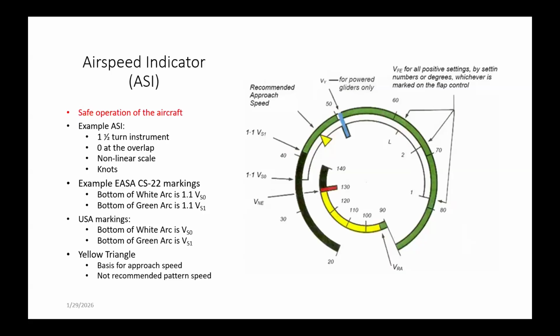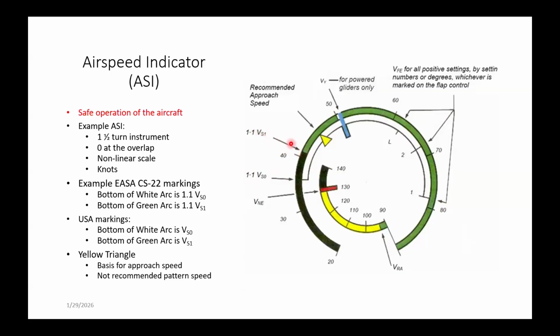And this one is marked in knots. The bottom of the white arc for CS22 is 1.1 VSO. So that's 1.1 times the stall speed in 1G flight in landing configuration. The bottom of the green arc is 1.1 VS1.